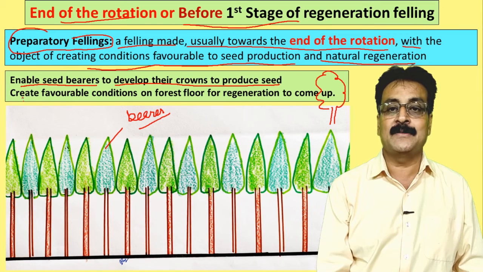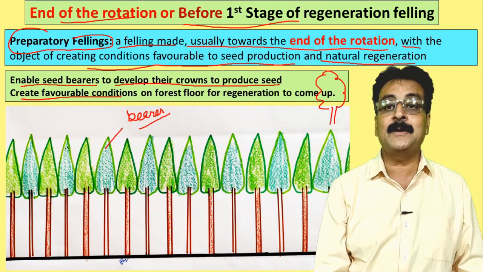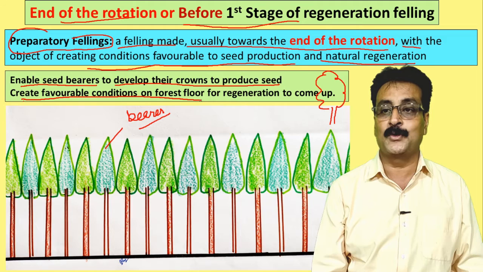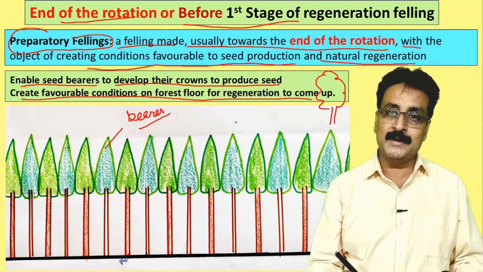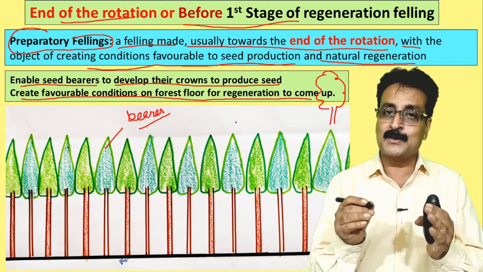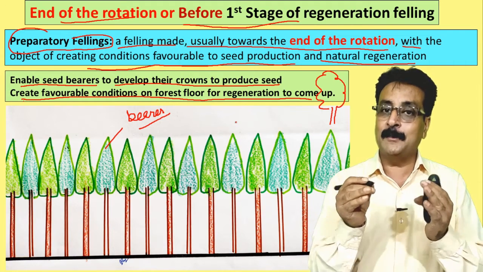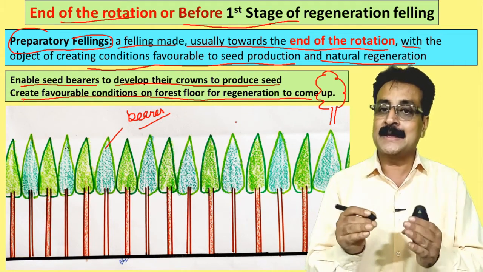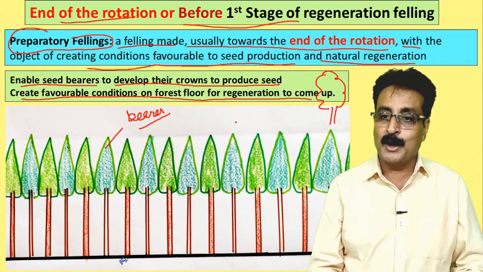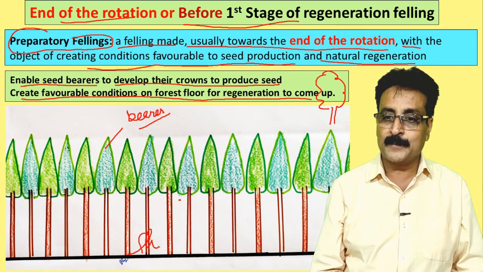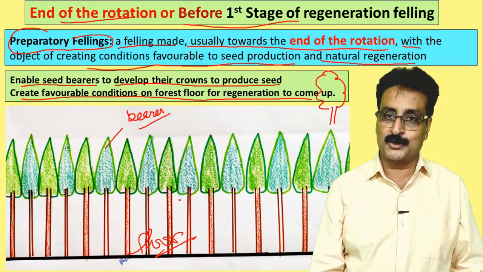So the next objective is it creates favorable conditions on the forest floor for regeneration to come up. Two things it does. One, it helps the tree species to develop its crown. A developed crown will give seed. Second, it also makes a favorable condition on the forest floor for regeneration to come up.